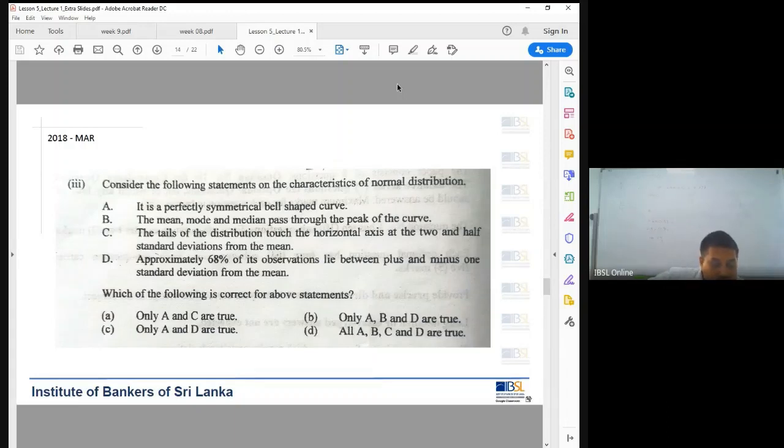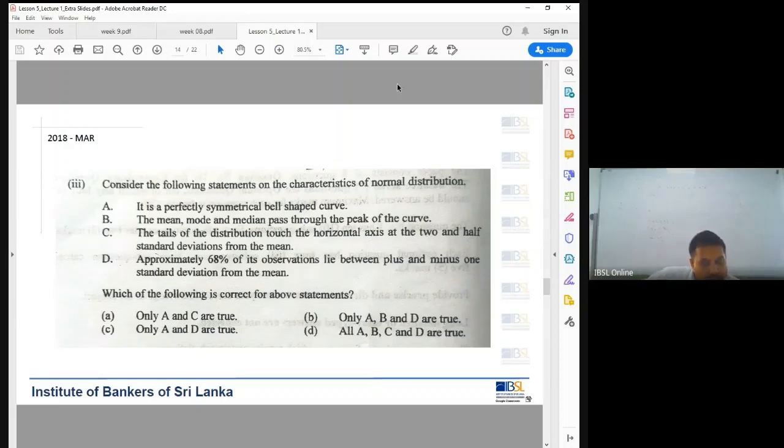B, the mean, mode, and the median pass through the peak of the curve. That is also correct. That is one of the theories that we discussed. As long as the perfect bell-shaped curve comes into play, we don't see mean, median, and mode taking different places. Rather, they will intersect or cross at the same point. So statement B also seems to be correct.